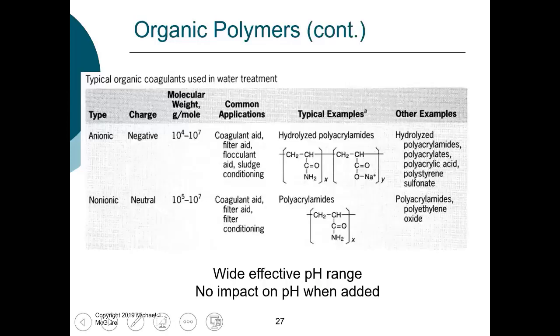And this is just some of the typical organic polymers. They can be anionic, they can be non-ionic, they can be cationic. In Flint, they actually added anionic and cationic polymers. They were having trouble achieving efficient settling after their lime soda ash softening process.